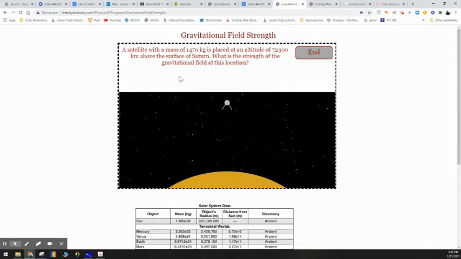So we're on Saturn in this particular example, and the question is, what is the strength of the gravitational field at this location?